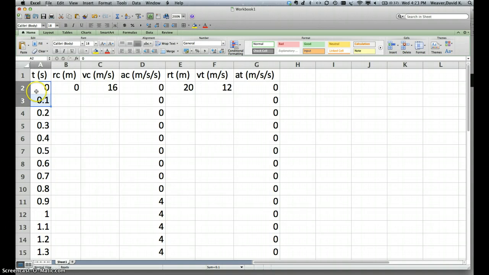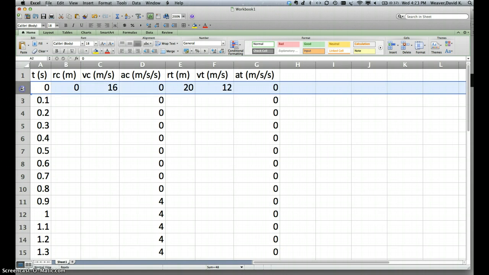The next thing that I did is go through to identify what the initial conditions were. You should always do a motion diagram ahead of time where you decide where the origin is, what the positive direction is, and then decide what are the various signs associated with motion.